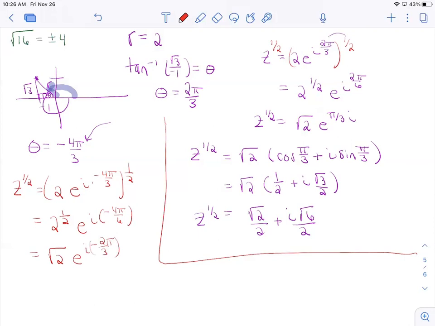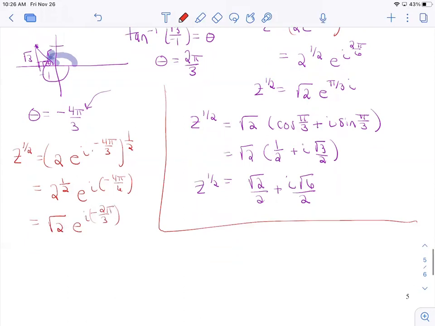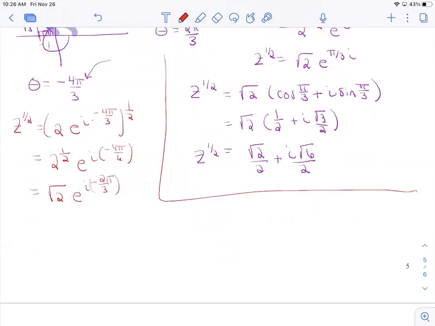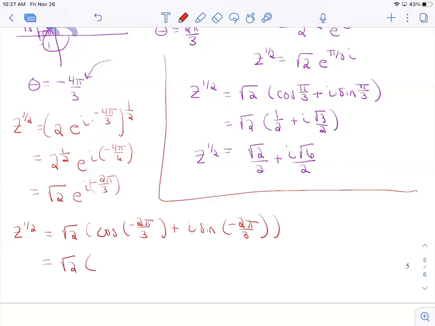And so we're going to do the same process because I want to write it in rectangular form. So z raised to the 1/2 is going to be root 2 cosine negative 2 pi over 3 plus i sine negative 2 pi over 3. Using that beautiful unit circle, we got root 2. Well, cosine of negative 2 pi over 3 is negative 1/2.